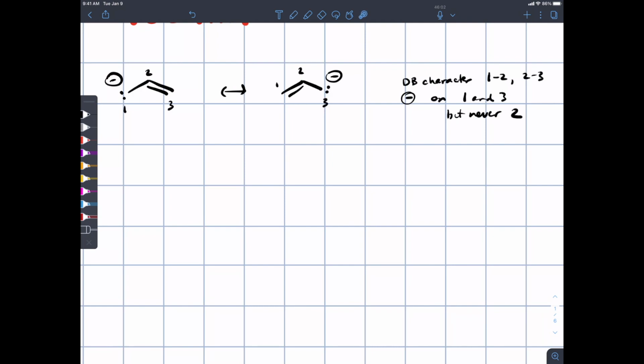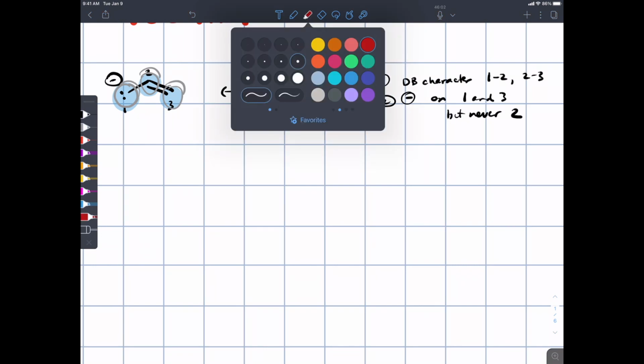Because of these two conclusions, we concluded that each of the atoms in this anion are sp2 hybridized, and therefore that each has an unhybridized p orbital above the page and below the page that are lined up with each other, parallel to each other, where they can interact.